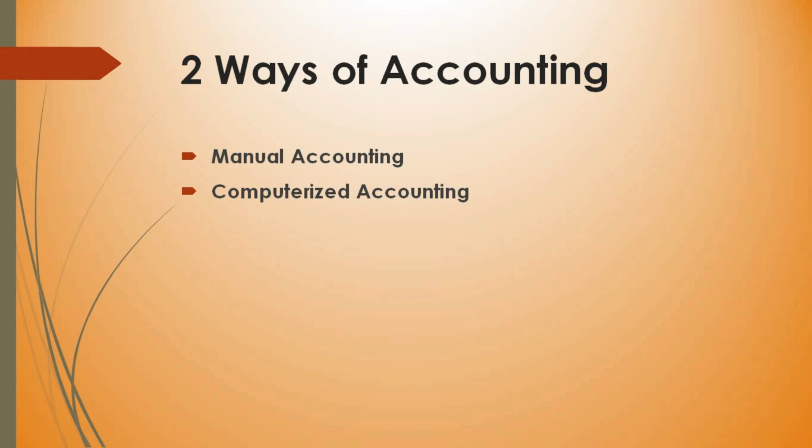There are two ways in which accounting can be done: manual accounting and computerized accounting. In manual accounting, there are a series of steps to be followed for preparing the financial statement.